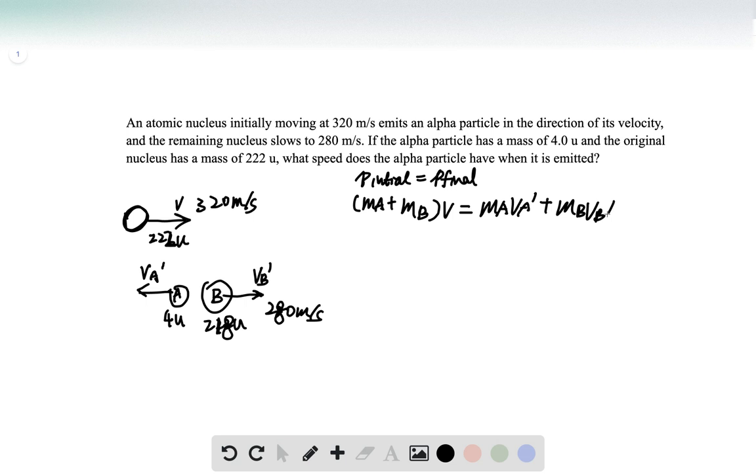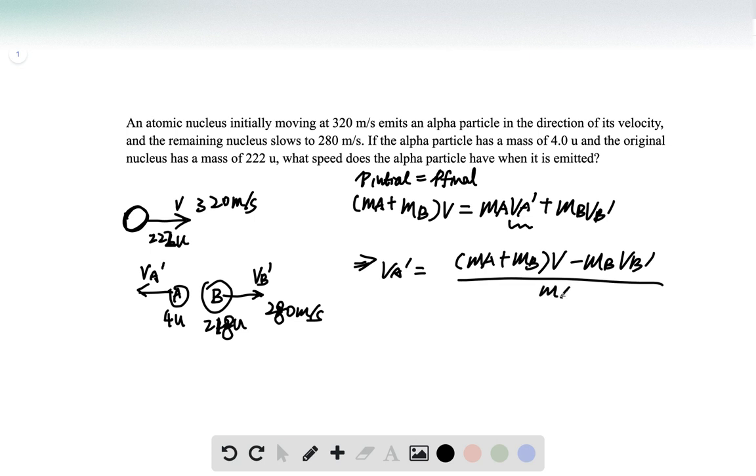So right now we need to know what VA prime is. To do that, we just rearrange this equation so it has VA prime on the left-hand side: VA prime equals the total mass times V, minus MB VB prime, over MA. So this is the equation we have, and then all we need is to plug in the numbers.